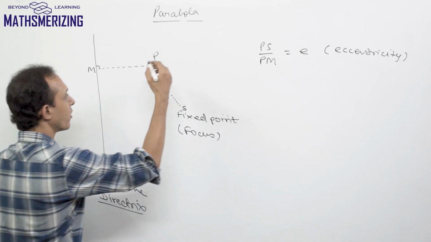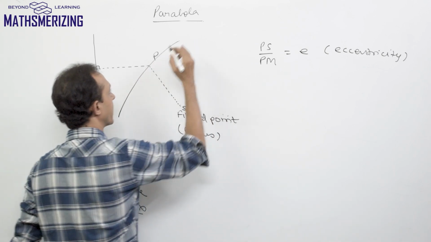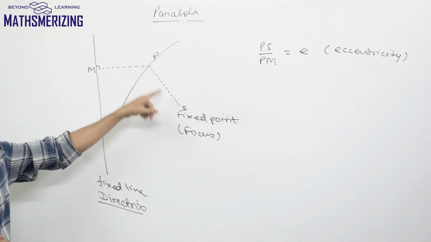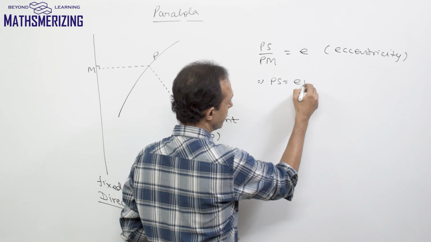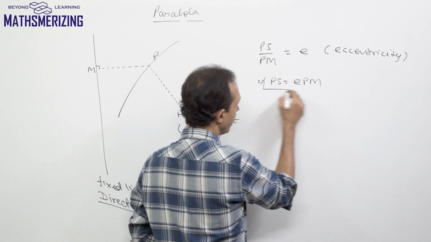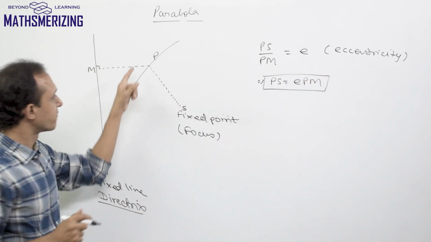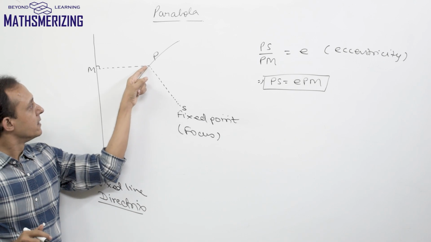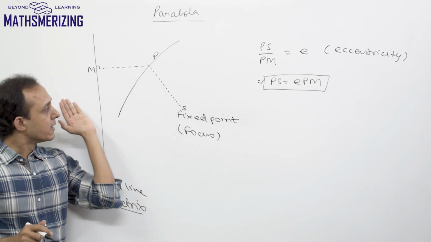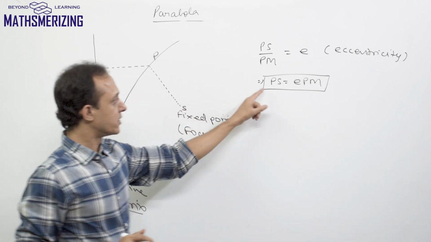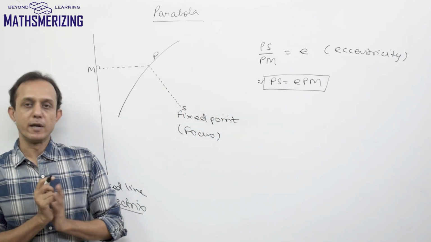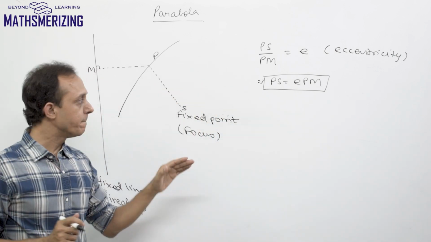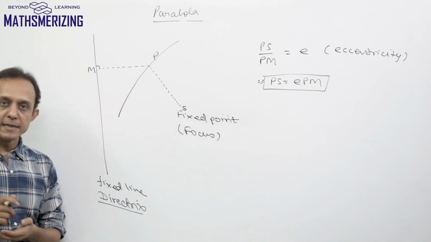So if we draw any figure, whether it is a parabola, ellipse or hyperbola, we'll have this definition, which is PS equals E times PM, where PS is the distance from the fixed point and PM is the distance of this point from this given fixed line, and this ratio is always constant, and this ratio is called the eccentricity of this conic. Now depending on this value of E, we can differentiate between the three curves.